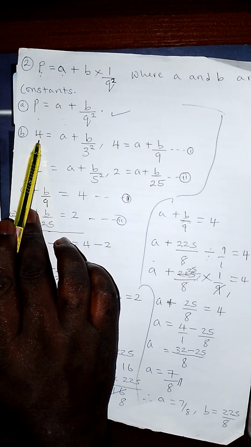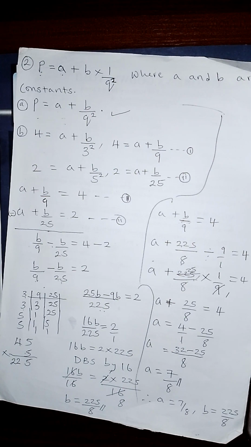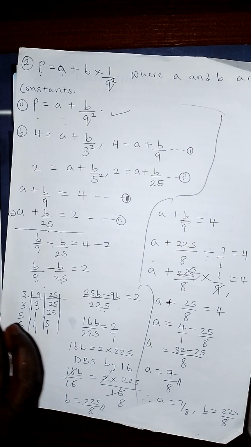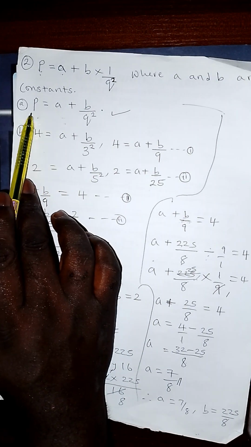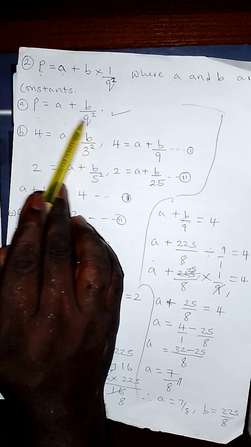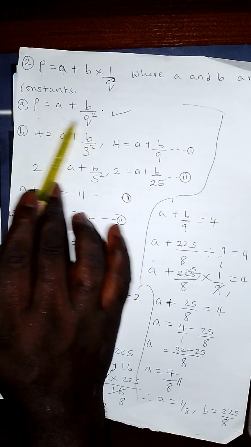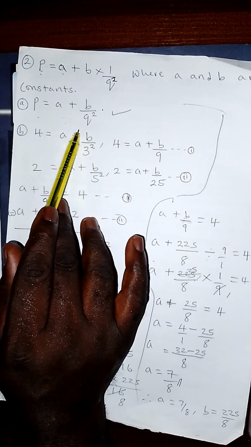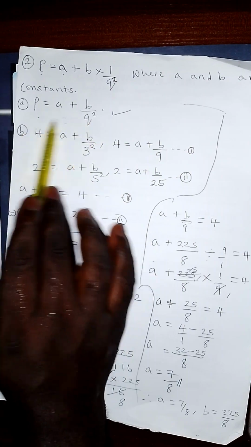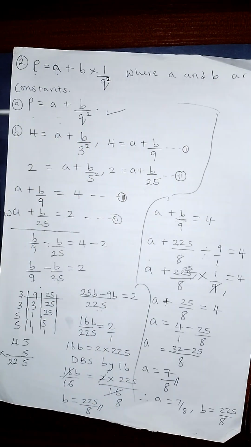And so we were told in the question now to write down the relationship between P and Q. That's question A. The relationship between P and Q. This is exactly the relationship. You can say it now. P partly constant and partly varies as the inverse of Q squared. This is it.